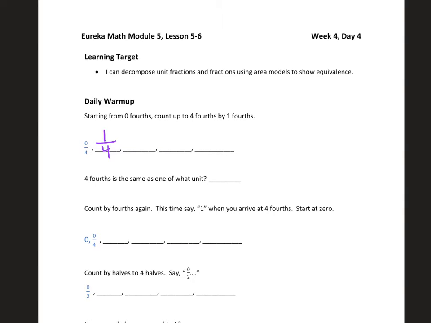So we have 1/4, and then 2/4, and then 3/4, and finally 4/4. Okay, so it says 4/4 is the same as 1 of what unit? So we know that 4/4 is the same as 1 whole, or 1/1.